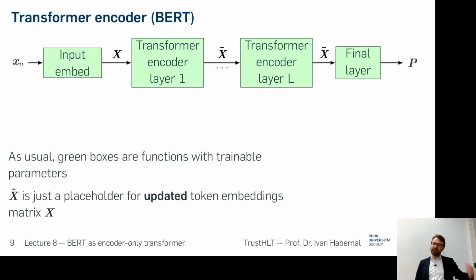So, BERT is a neural network. A neural network is a computational graph. There are boxes which are connected and there are matrices going through the network in the so-called forward pass. And I'm still using the same colors and the same depiction: everything which is green are some functions that have trainable parameters. That's it.